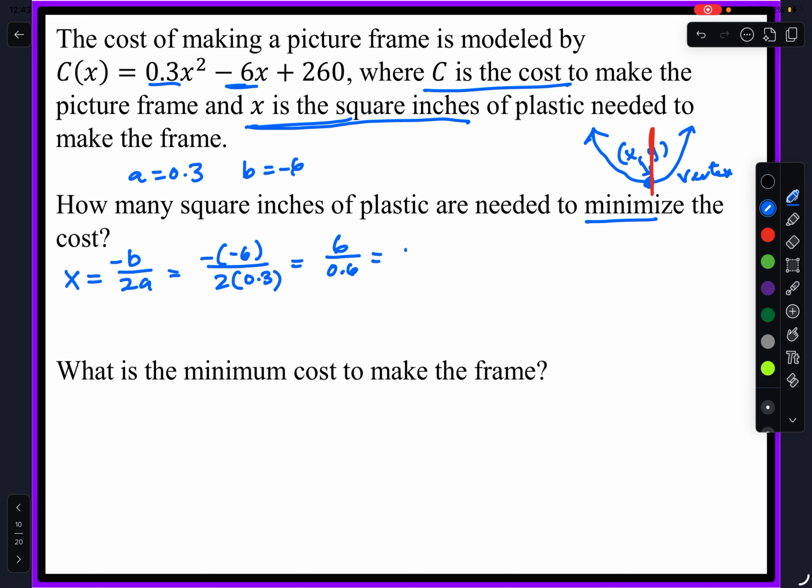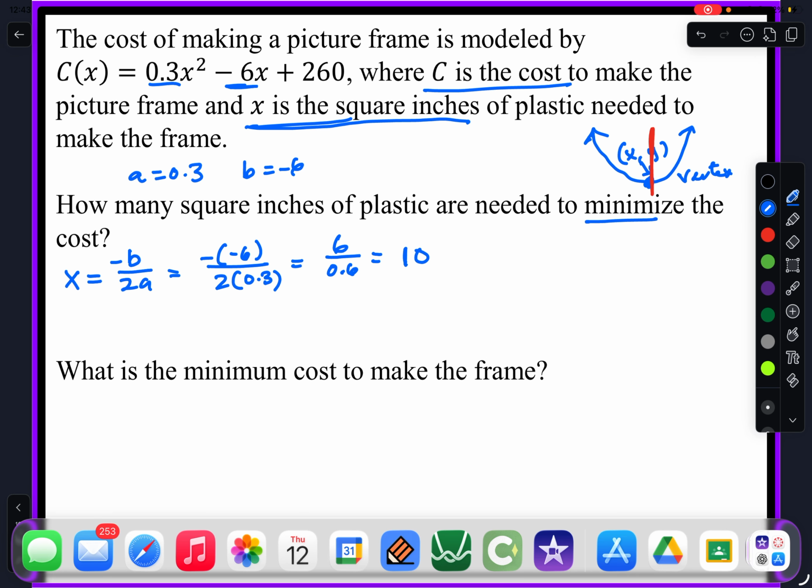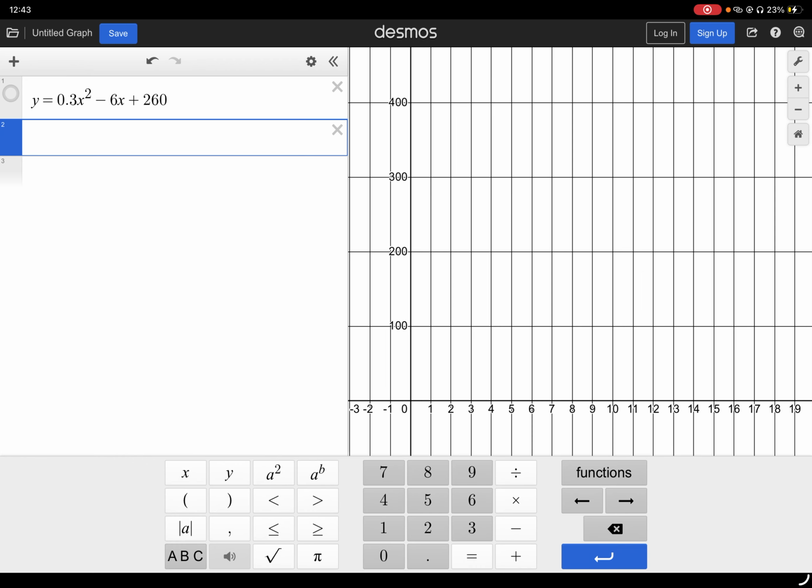Which I believe is going to be 10. I think we end up with 10. Let me use decimals just to double check, okay? All right, so here I have the equation. Let me hide it for right now. I don't want to rely on the graph.